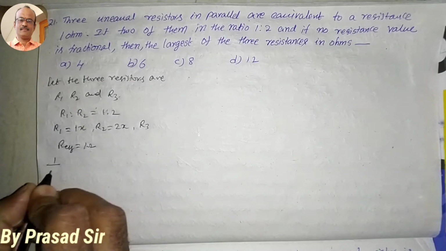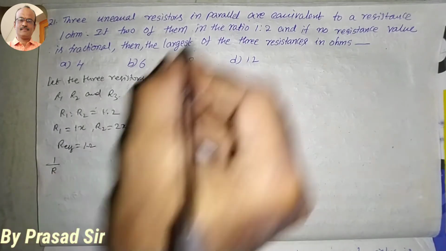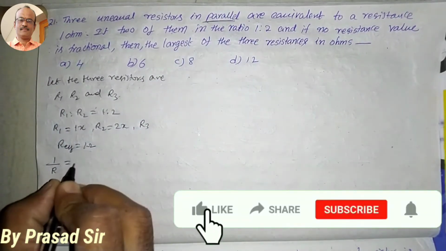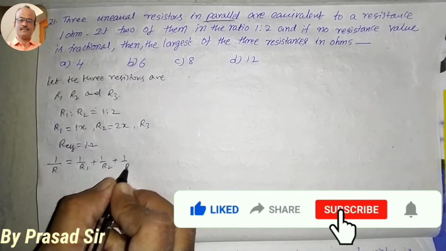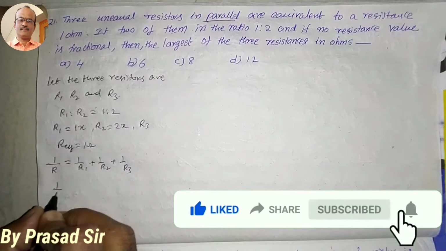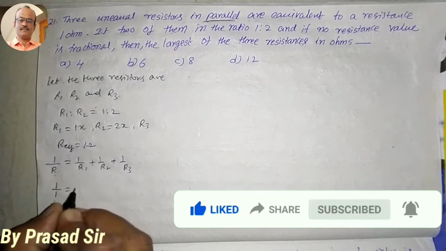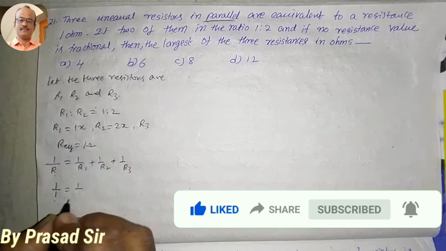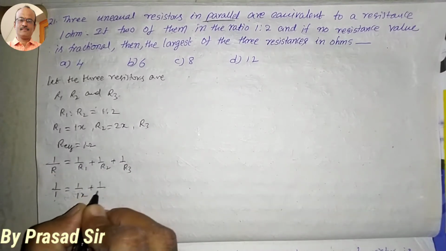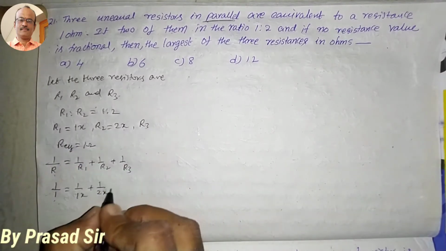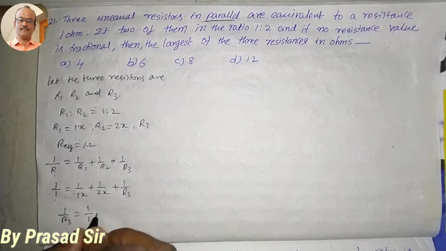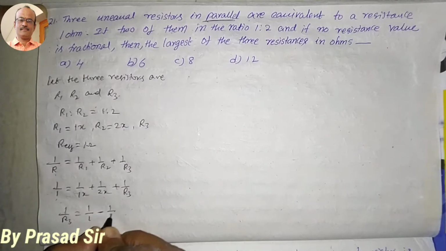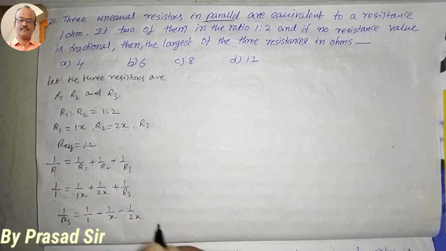When the resistances are connected in parallel, 1 by R is equal to 1 by R1 plus 1 by R2 plus 1 by R3. So 1 by R effective is 1, equal to 1 by 1 into x plus 1 by 2 into x plus 1 by R3. So 1 by R3 is equal to 1 minus 1 by x minus 1 by 2x.